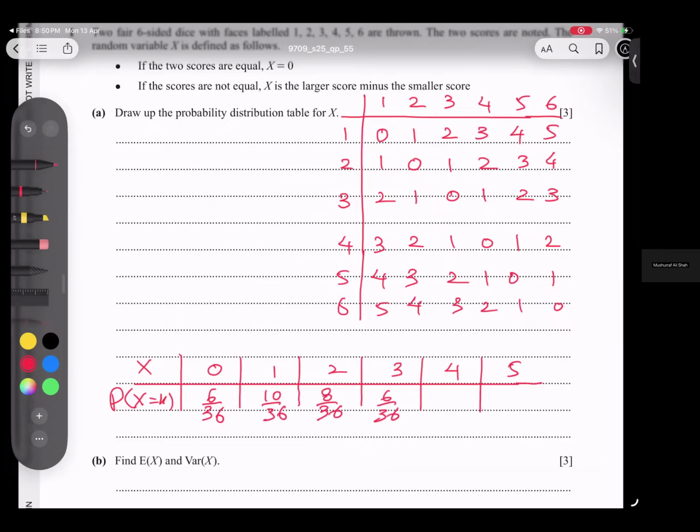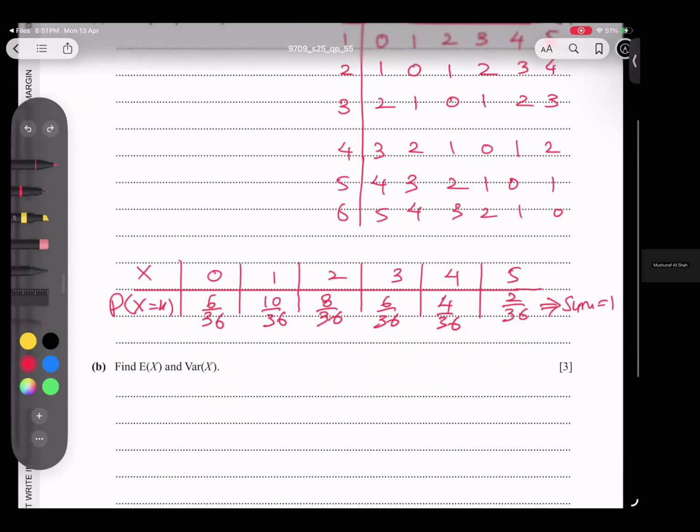How many 4s? 2 on top, 2 down, 4 over 36. And how many 5s? 2, 1 this and 1 top. So 2 over 36. An interesting part, you know very well, if the sum of all probabilities is 1, it means correct. So you can check: 6 plus 10 plus 8 plus 6 plus 4 plus 2, that is 36 by 36, 1. So we have done it.